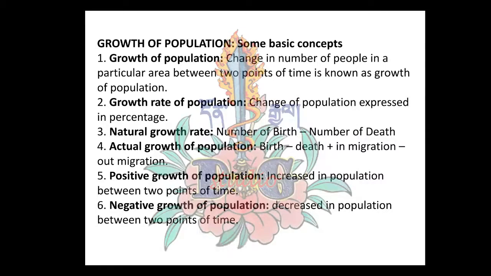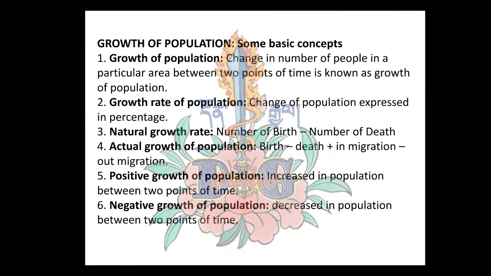So what is meant by growth of population? Growth of population is the change in the number of people in a particular area between two points of time. Such as if you talk about India, the particular area is India, between two points of time.